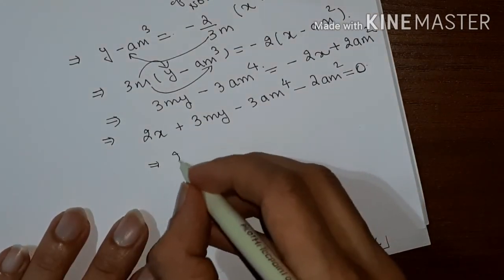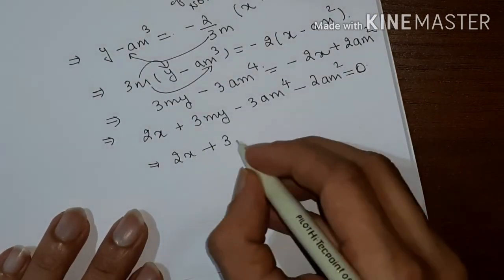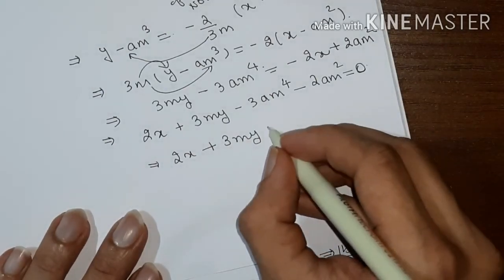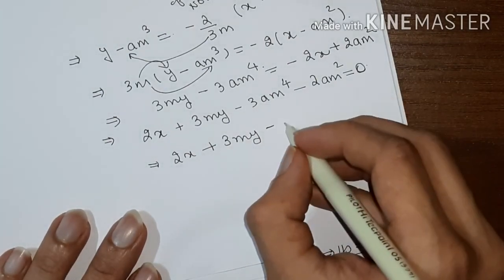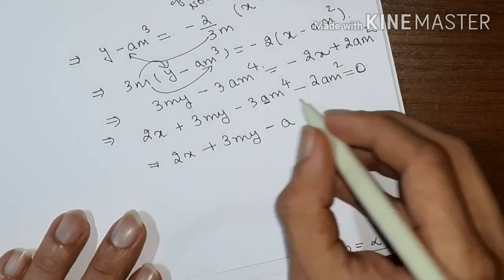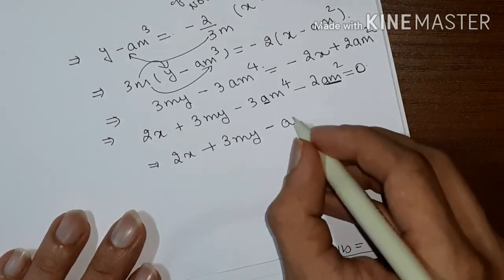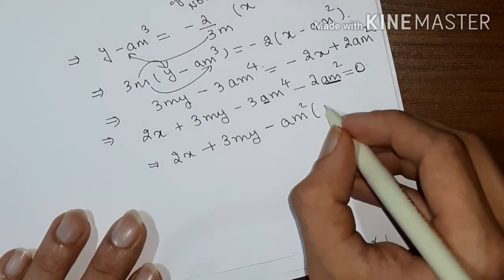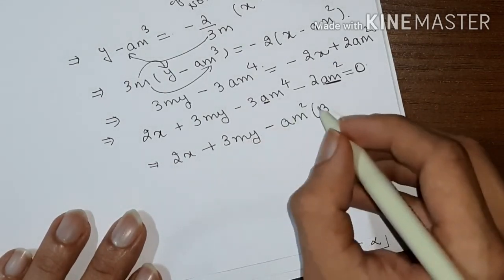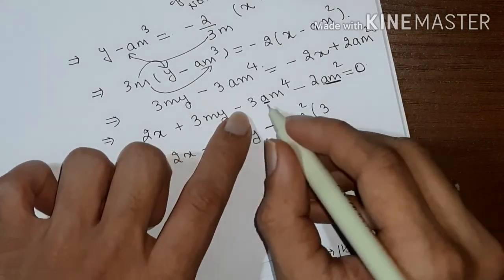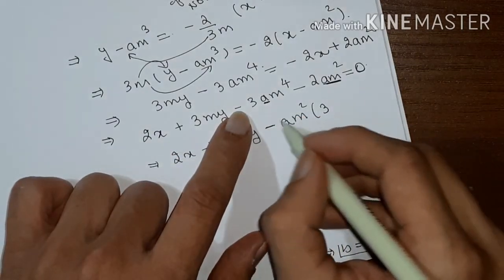So that means 2x plus 3my, minus, what we can take common here? Minus a m square, we can take common. So what will remain? 3, right, positive, because we are taking the negative sign common, and a m square.